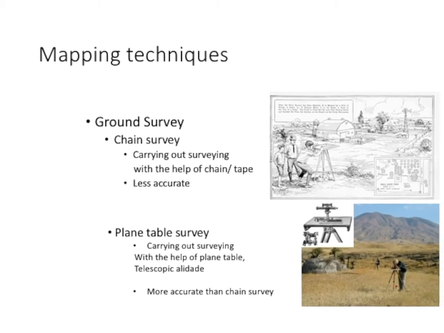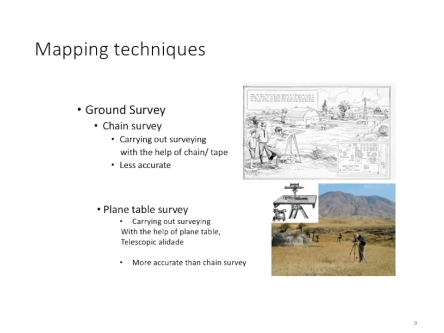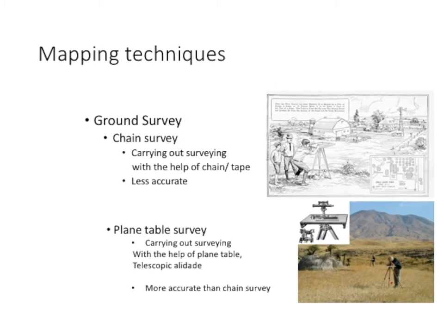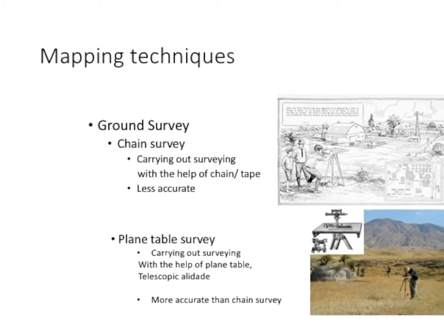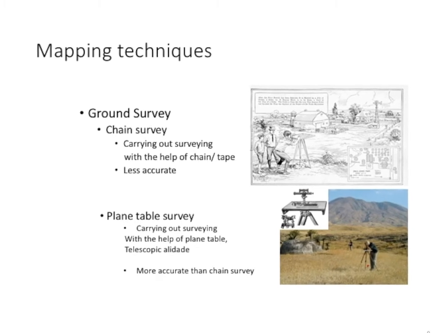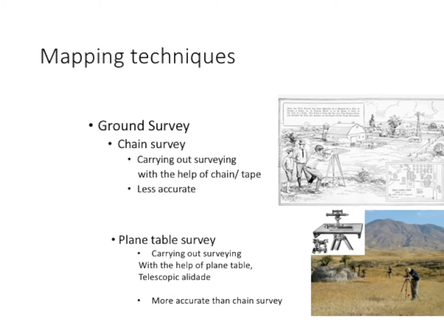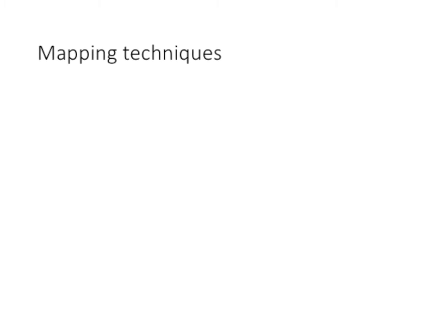The advantage of this system is that field work and office work can be done simultaneously in the field, and it is more accurate compared to chain survey. With the help of plane table and telescopic alidade, the instrument was used for cadastral mapping.